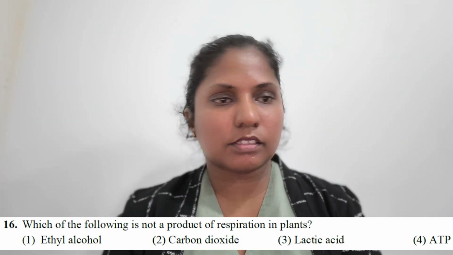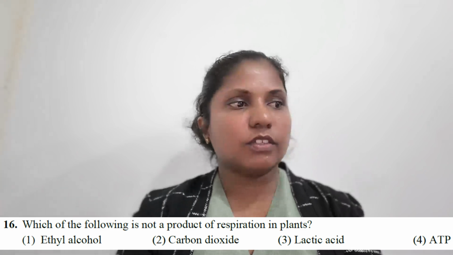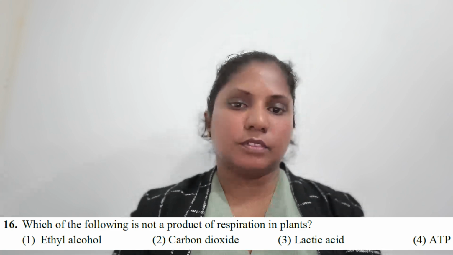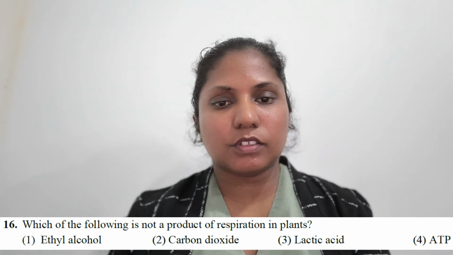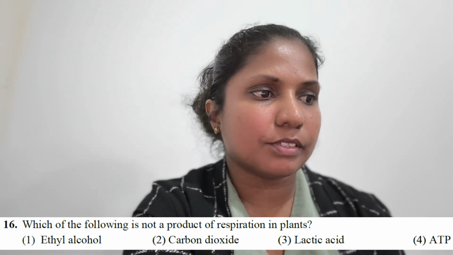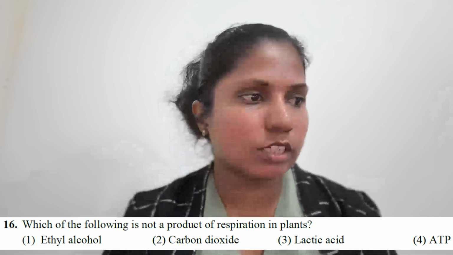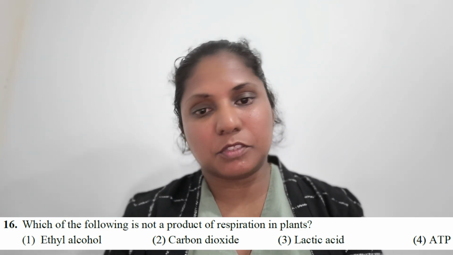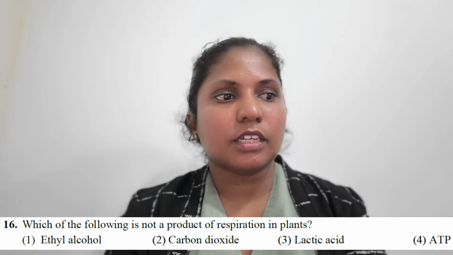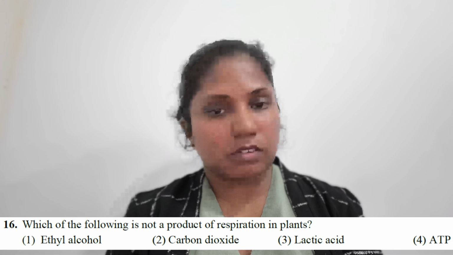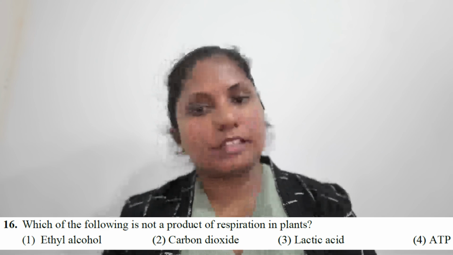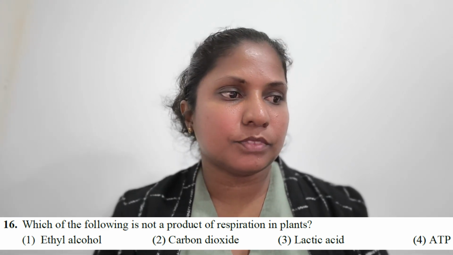Question number 16. Which of the following is not a product of respiration in plants? Let's analyze each of them one by one. Ethyl alcohol is a product of anaerobic respiration in plants, especially in yeast. When they undergo fermentation and oxygen is not available, it breaks down glucose into ethanol and carbon dioxide.